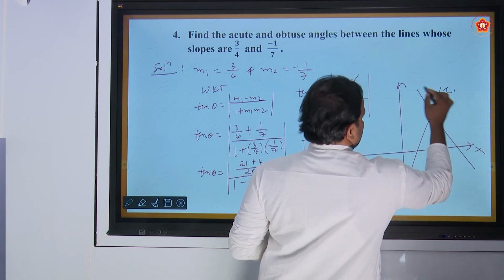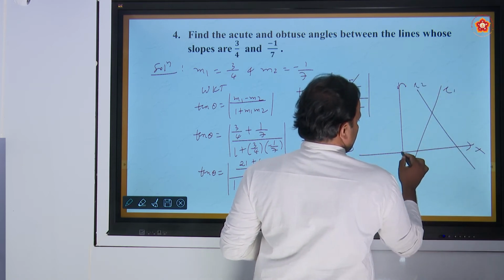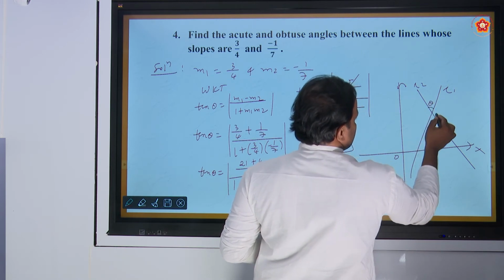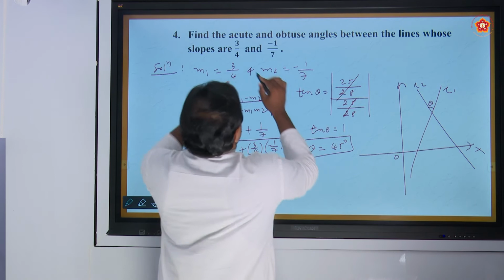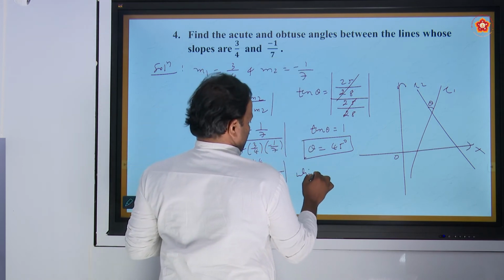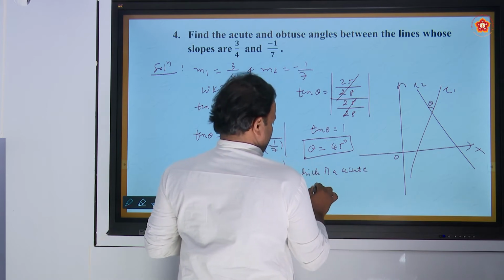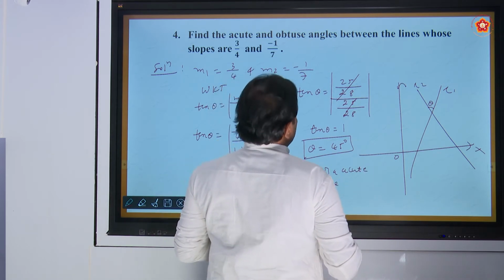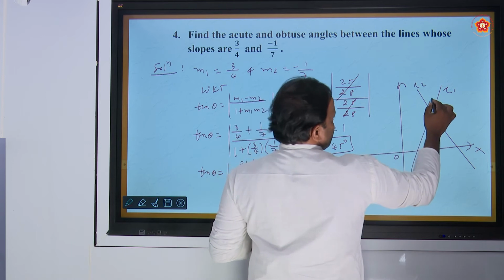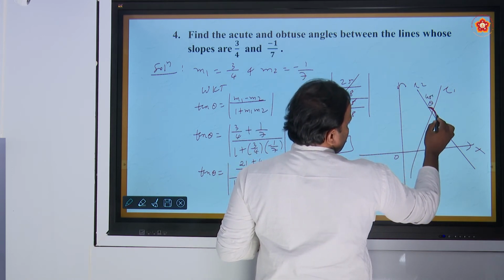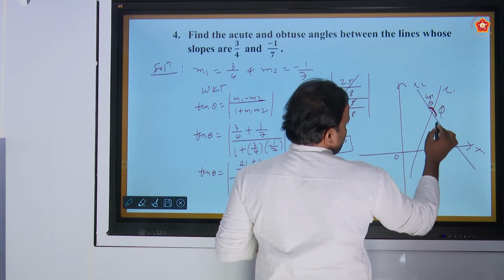These are lines L1 and L2, and this is theta, the acute angle between the two lines. The question asks for both, so which is the acute angle, and what is the obtuse angle here? If theta is 45 degrees here, we know the total on a straight line is 180 degrees. We call the obtuse angle phi.